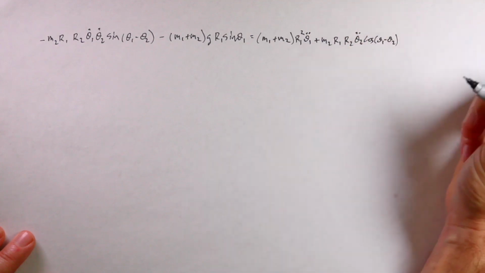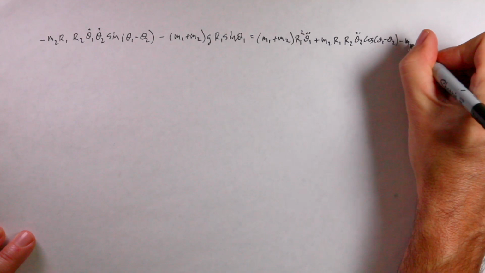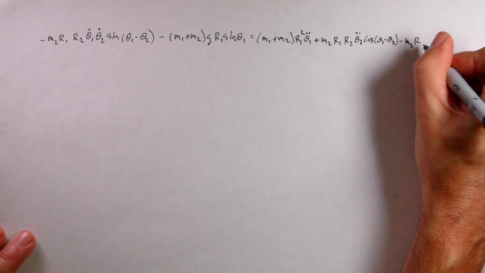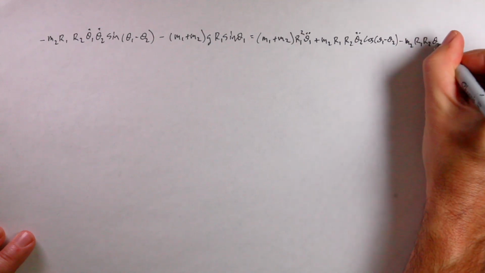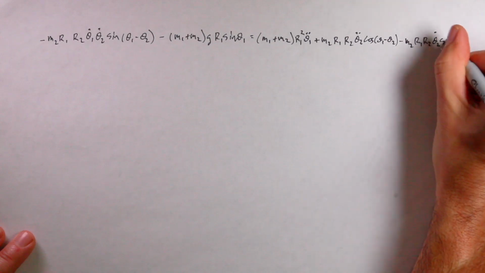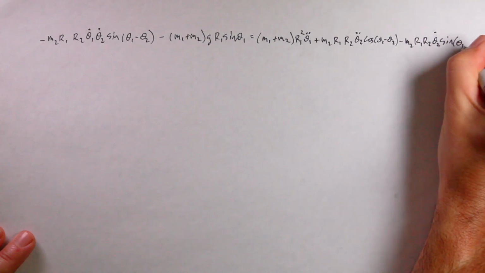Going to run out of room? No, I'm going to make it minus M2 R1 R2 theta 2 dot sine theta 1 minus theta 2.